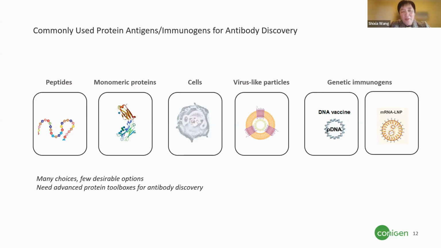For monomeric proteins, if the protein is naturally a multimeric protein, it will lose the quaternary structure and important conformations. For cells, there are also many other proteins in the cell that usually generate antibody responses against many other proteins, and so on. Therefore, we need better proteins and advanced toolboxes for antibody discovery.